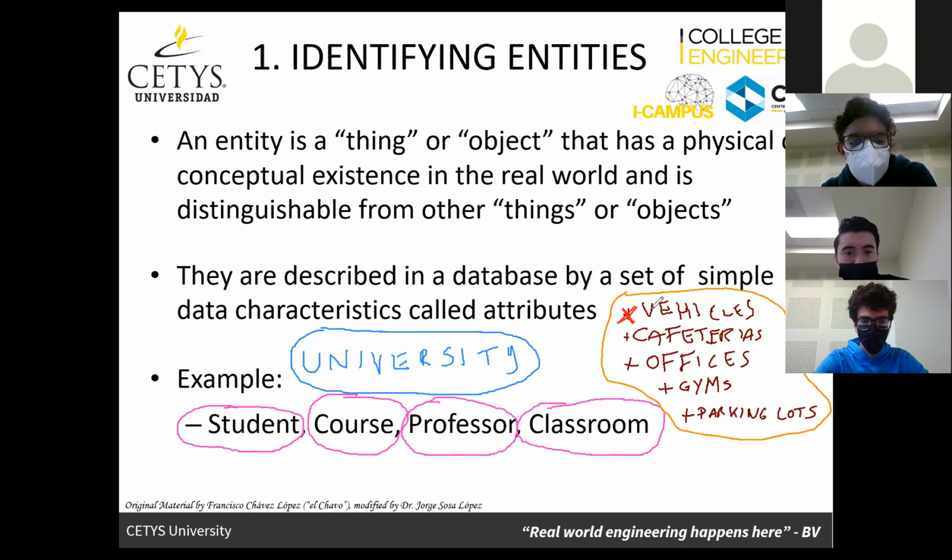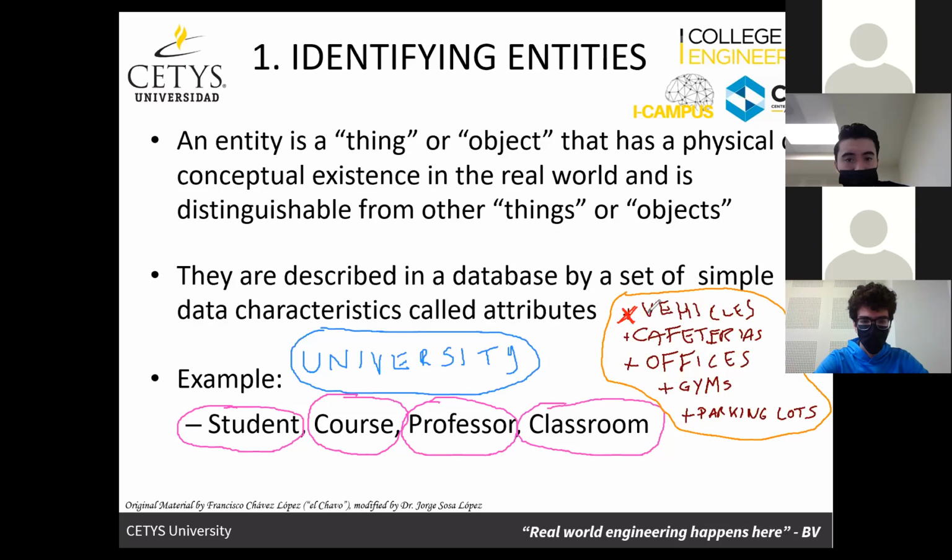No. However, Alejandro, if I had changed the context and told you I need a database system that keeps track of the inventory and the sales of the cafeteria and which students are being, I'm still with you, Alejandro, if you can leave your camera on.